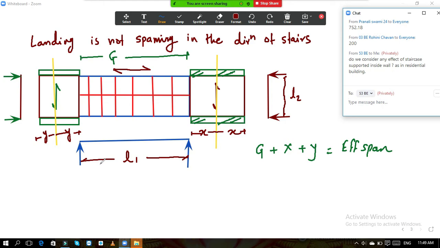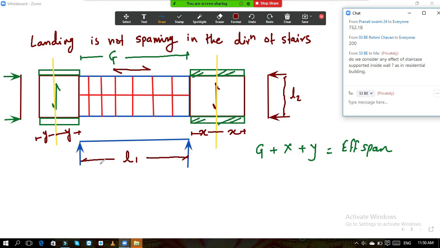What is the question? Do we consider any effect of the staircase supported inside the wall, as in residential buildings? Mainly the staircase is supported inside the wall, although a beam must be there. Nowadays, instead of wall supports, people always prefer beams.